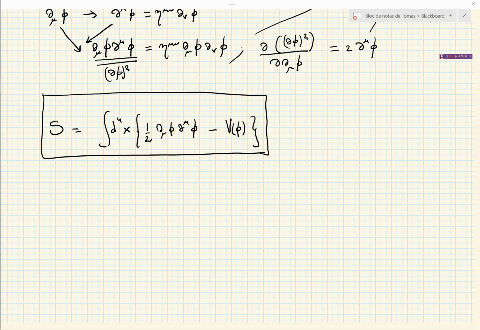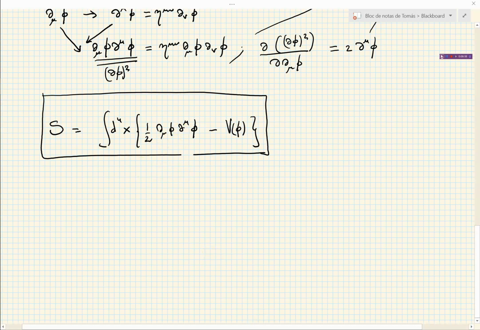The convention is that the term that contains time derivatives should appear like this, squared. It's similar to the x dot that one has in a particle action. And with our conventions in which eta 00 is plus, this is exactly what you get.